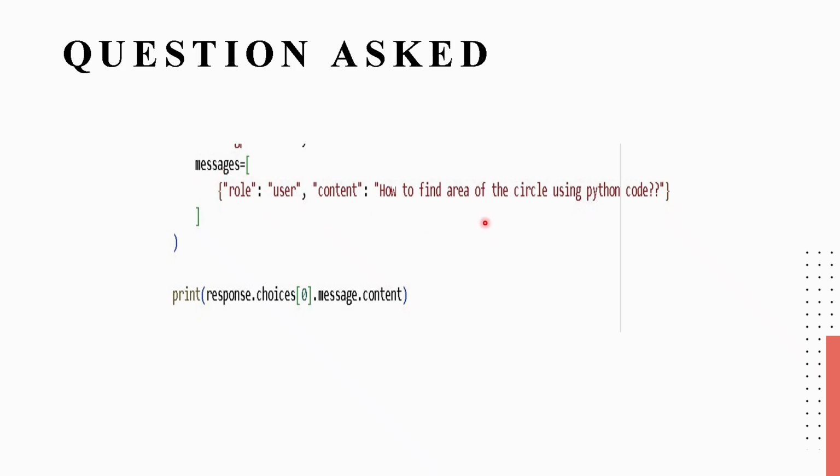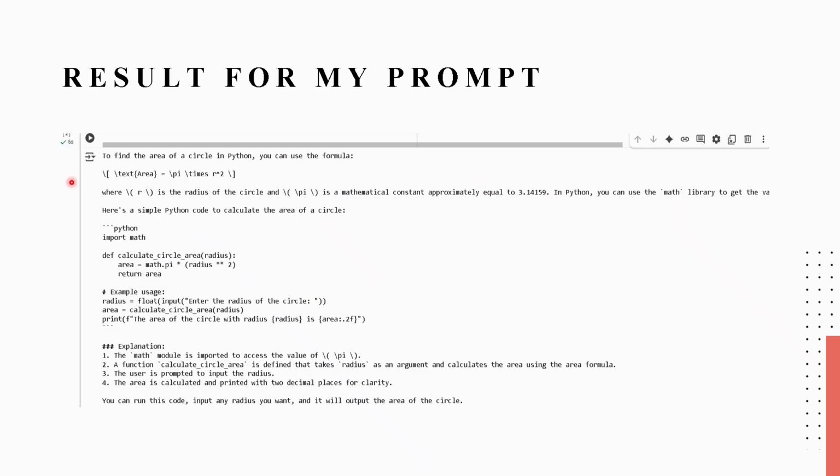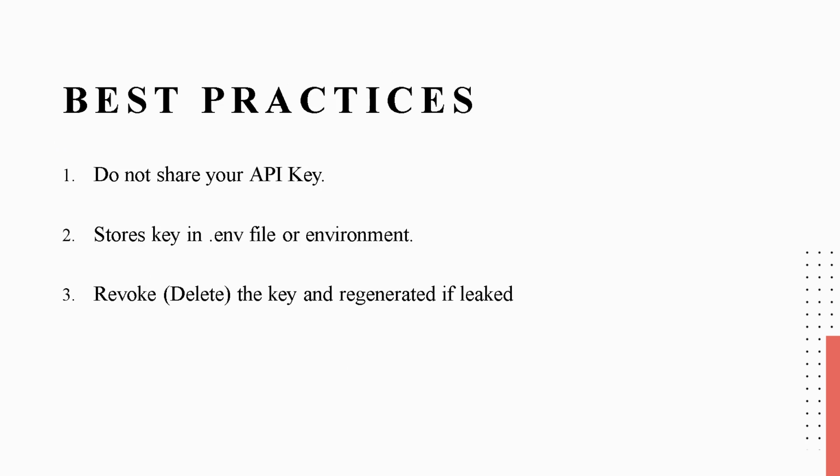In this message block, we put our query or prompt and run the cell in Colab. The AI response will be displayed in the output. It gives the AI response for my prompt. It gives the solution, example usage, and explanation.